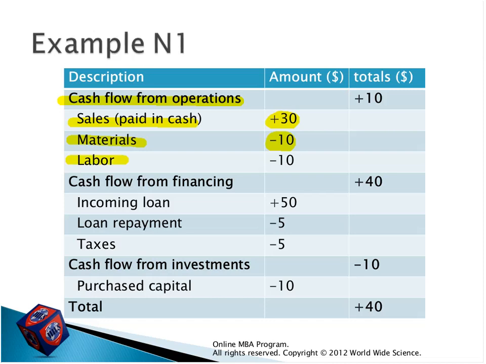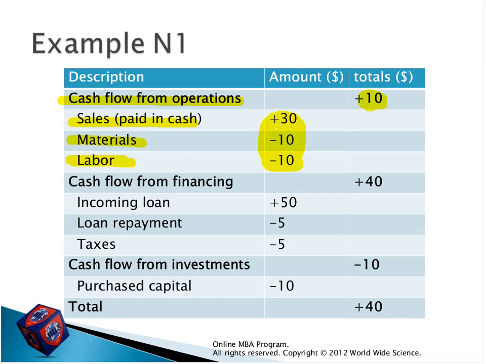Labor means that the company paid $10 in salaries to the staff in cash, and it comes with a negative. Totaling the cash flows from the operations, we find a positive figure of $10, because 30 minus 10 and minus 10 gives you 10 positive. The 30 in sales minus the materials and minus the labor. This is clear.